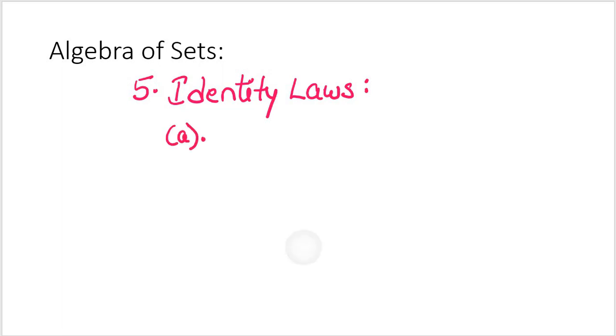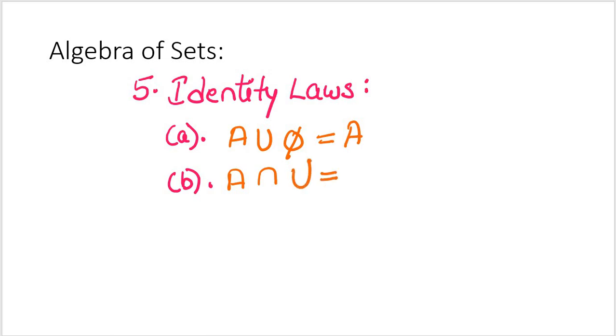One is A union null will always be A, and A intersection universal set will also be equal to A, because anyways here what we are trying to do is we are trying to find the common elements.